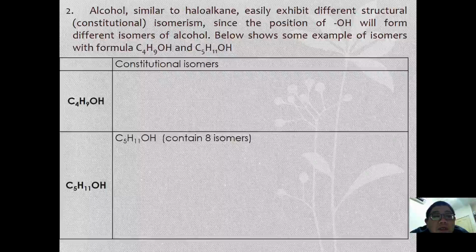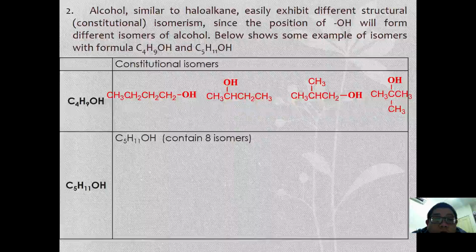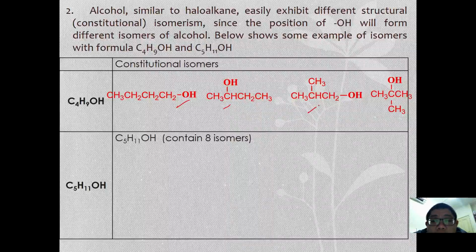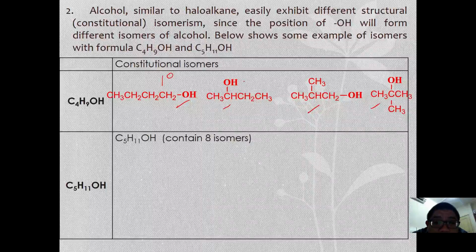For C4H9OH, we have butan-1-ol, butan-2-ol, 2-methylpropan-1-ol and 2-methylpropan-2-ol. In terms of classification, this is a primary alcohol, this is a secondary alcohol, this is also a primary alcohol, and this is a tertiary alcohol.